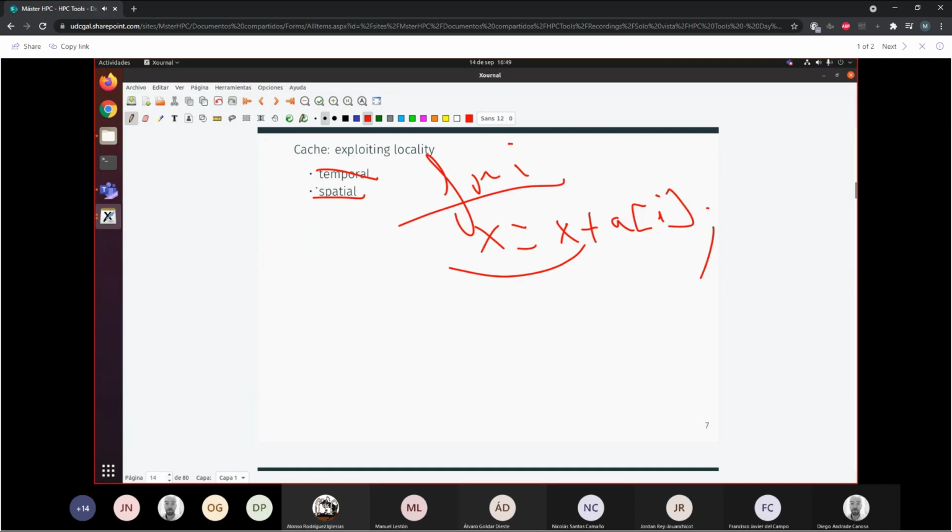So when you bring a block of information, you are going to load information that is going to be required soon. And this works also at the code level, because when you access A0 in a program, it's very likely that in the future you are going to need A1, A2, A3, etc.